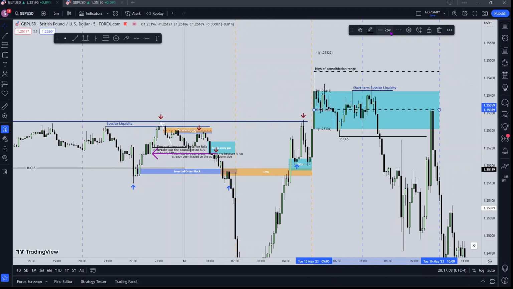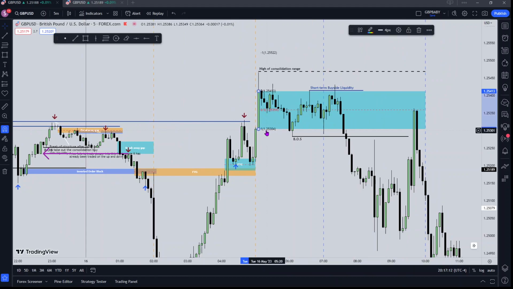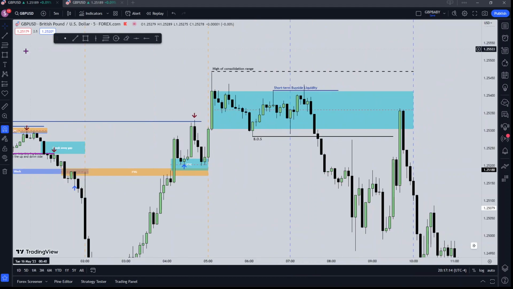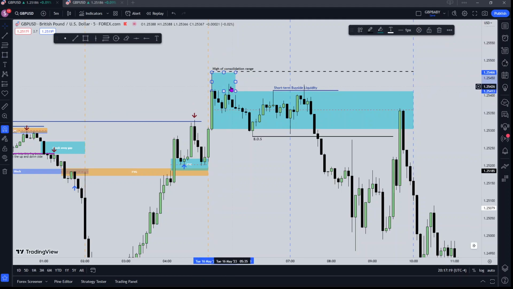Yeah, so I'm going to mark out all this real quick. There's a lot. This is also a rejection block here. Why? We traded into it here, got rejected, traded into it here, got rejected. So what should we expect when we trade into it again? Rejection.